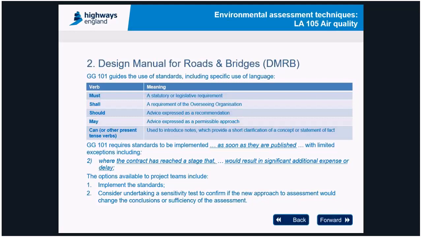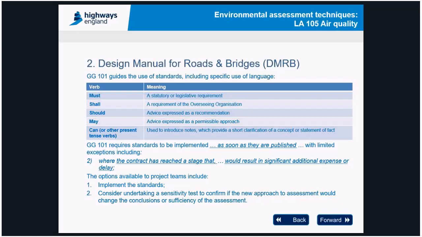So there are a couple of options open to project teams: first of all, to implement the standard as it stands, or to consider undertaking a sensitivity test to confirm whether the new approach to assessment would change the conclusions or sufficiency of the assessment. If this is the case, then you need to have that conversation with your project manager to decide which approach you would like to take for the implementation of the standard.